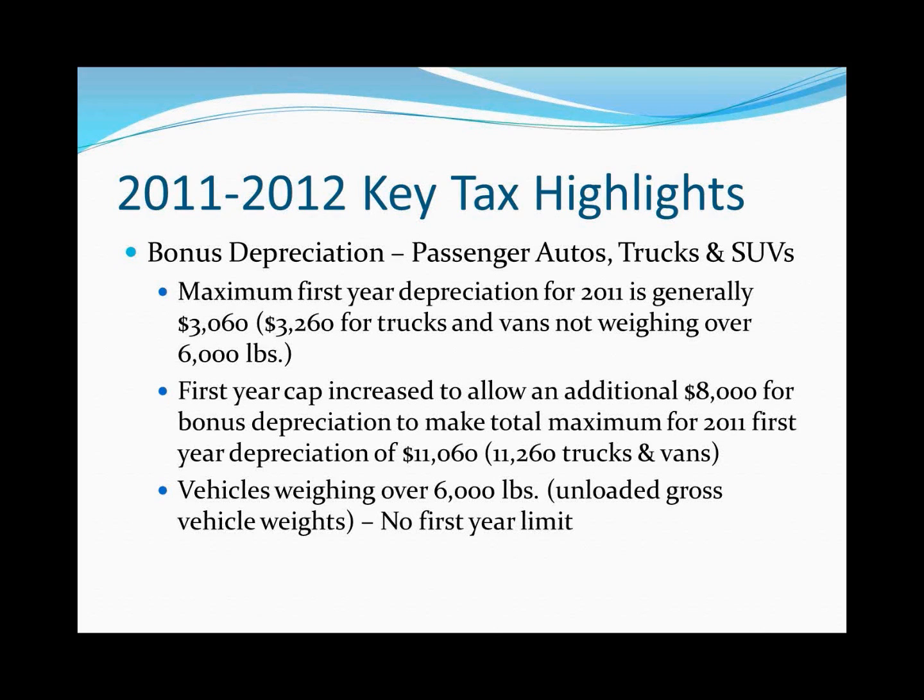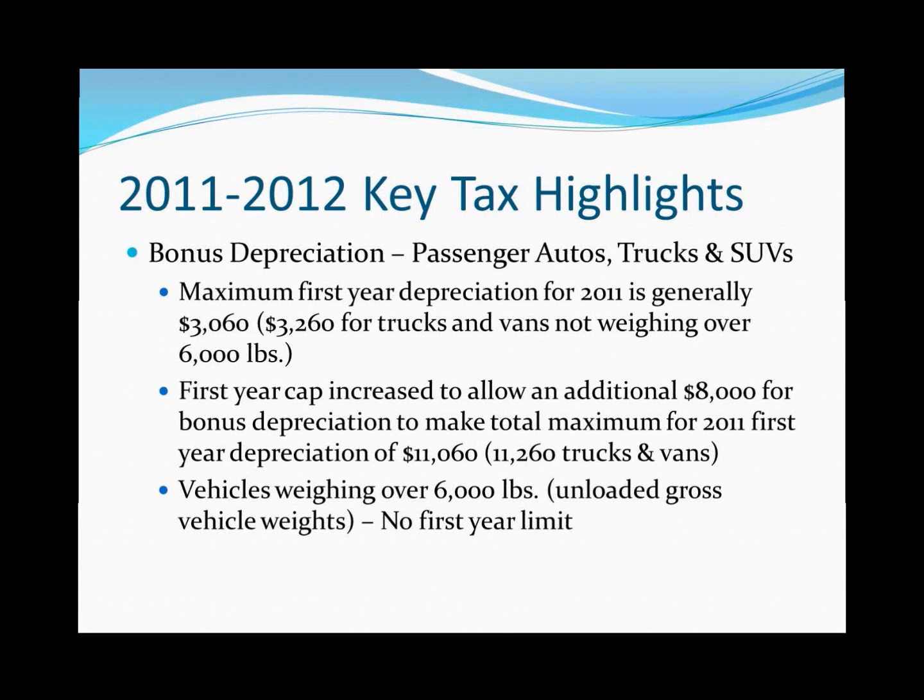The first-year cap increased to allow an additional $8,000 for bonus depreciation to make the total maximum for 2011 $11,060. And vehicles weighing over 6,000 pounds are not subject to these rules, so there's no first-year limitation on those vehicles.